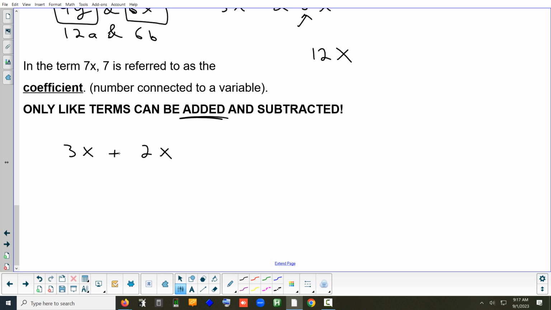When you combine like terms, the letter stays the same. The only thing you have to add are the numbers in front, or subtract if it was subtraction. So think of it, if you had 3 x's and you put 2 more x's with it, how many x's would you have altogether? 5 x's. Yep.